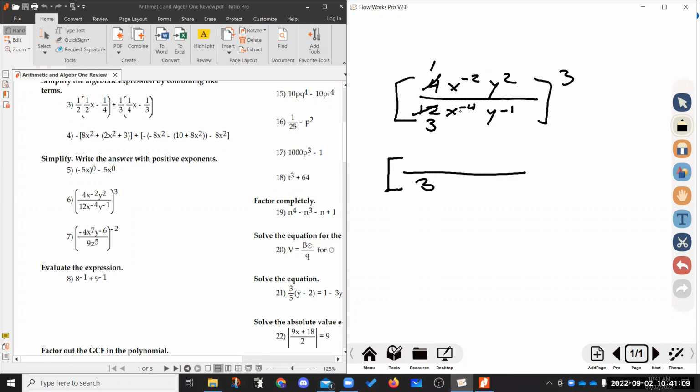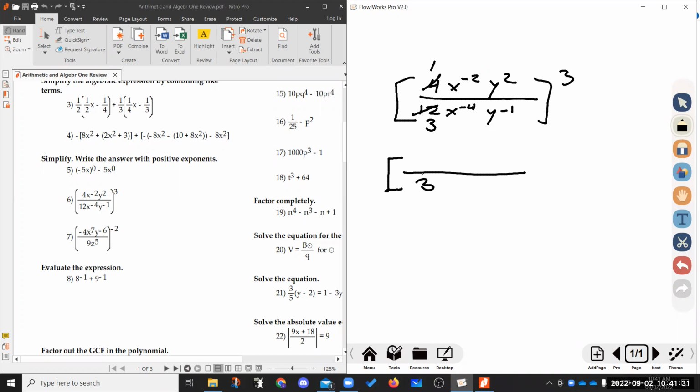Rules of exponents, I'm going to take the more negative number across the fraction bar to the other side, because I want to make positive exponents. I'm not going to get a positive exponent by saying negative 4 plus 2. That's going to give me a negative 2 in the denominator.